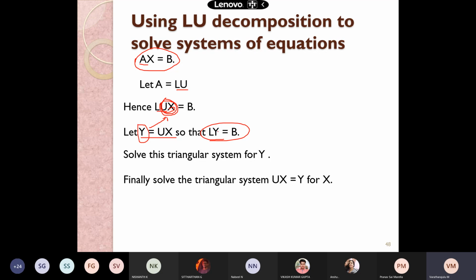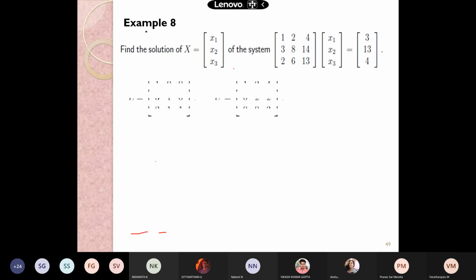Once the Y values are known, I can apply them into this, and I can get the solution. So this is how we get solutions with the aid of lower and upper triangular matrices. So is it clear?